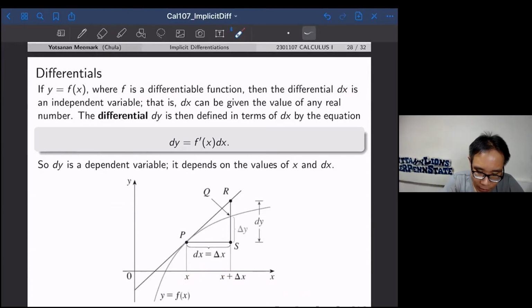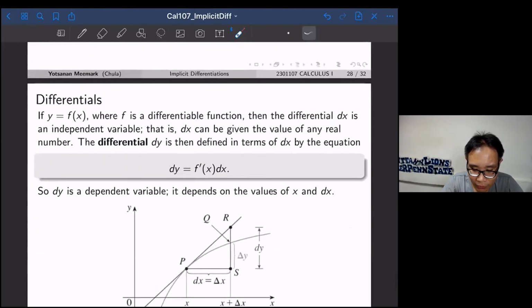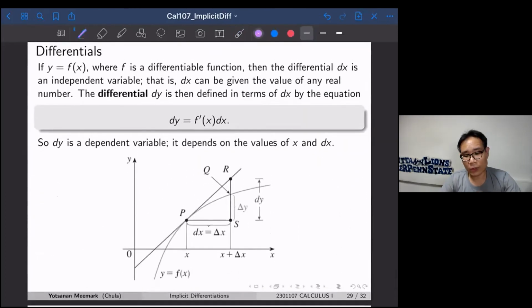And the differential dy is defined in terms of dx as the equation dy equal to f prime x dx. So dy equal to f'(x) dx. This one is kind of difficult to understand, why we need this differential. The thing to understand is that dy and f'(x) are related through the slope. This one is going to be the rise and this one is going to be the run.